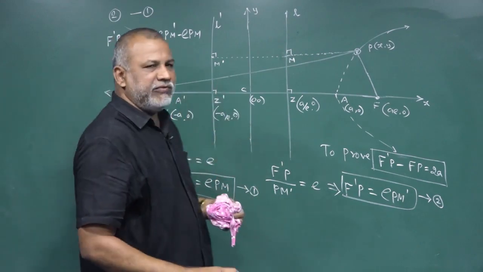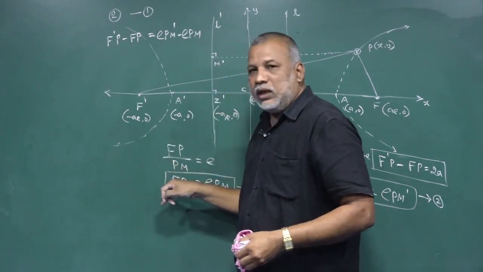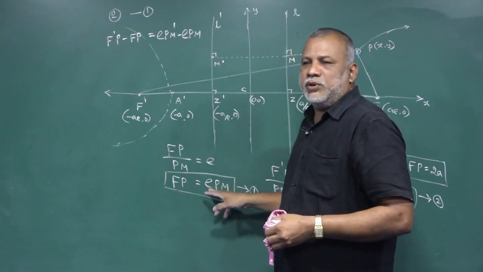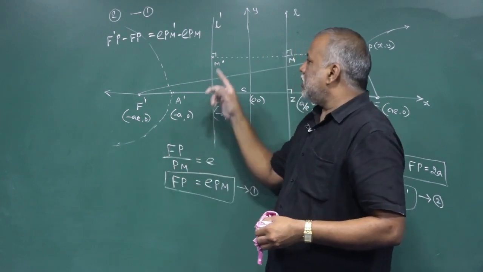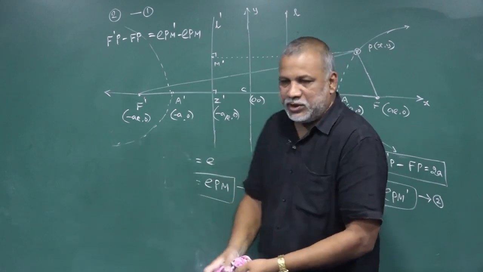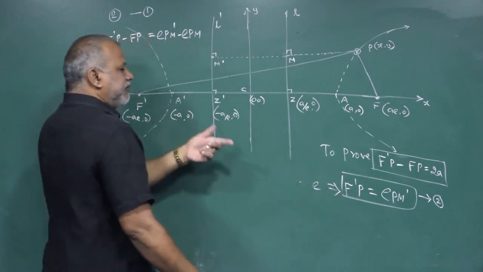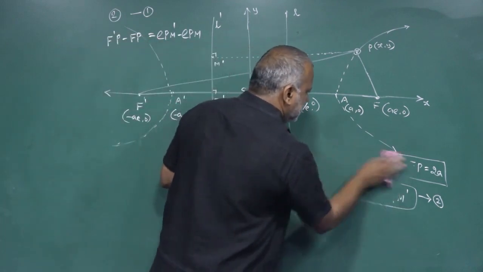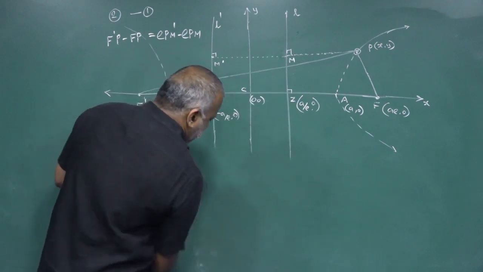By the basic definition, FP by PM equal to E. That is the first fundamental theory we already worked out: FP equal to E times PM. Then instead of this, use the second focus F dash and the second directrix M dash. So from equation number 1, FP equals E times PM. Then the second equation, F dash P equal to E times PM dash. Second equation minus first equation, this is the working out. You are going to prove the result 2a.